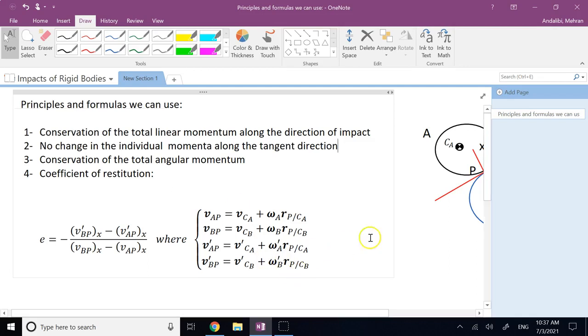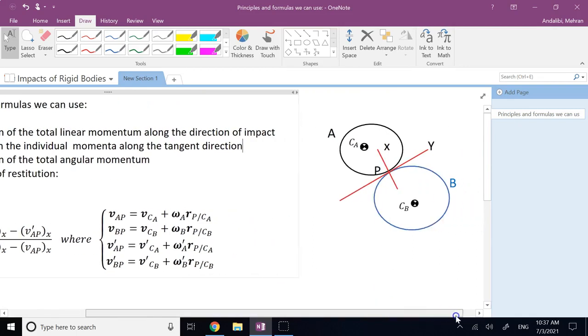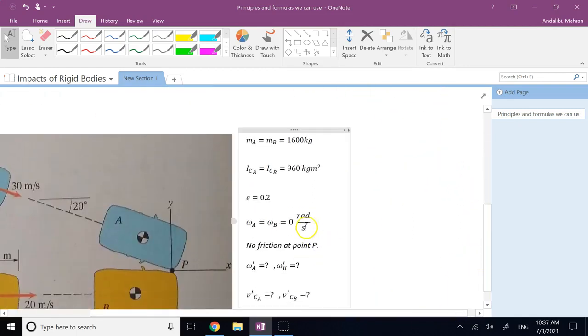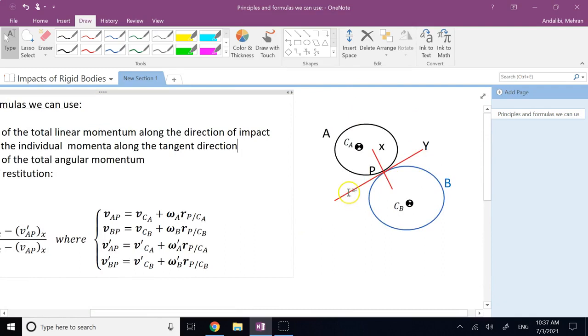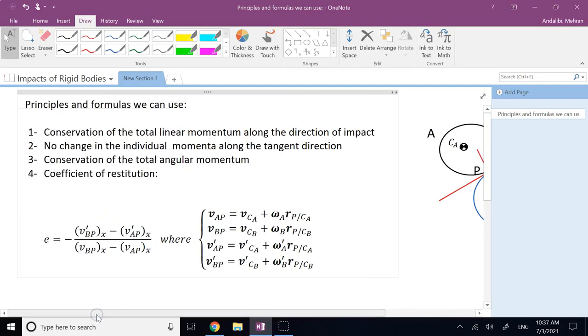So if we assume in the tangent direction no force is exchanged, like in this case, we assume that friction is negligible, then we can say along the y direction, the momentum of each one of these components, not the total thing, the momentum of A is not going to change, the momentum of B is not going to change because no force is exchanged, so momentum of individual parts is not going to change.